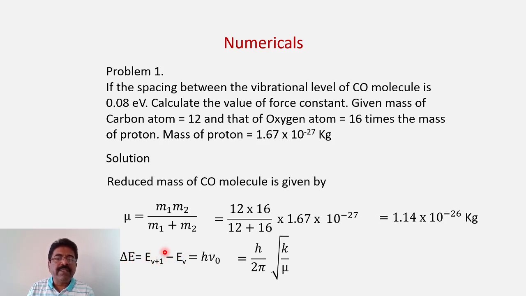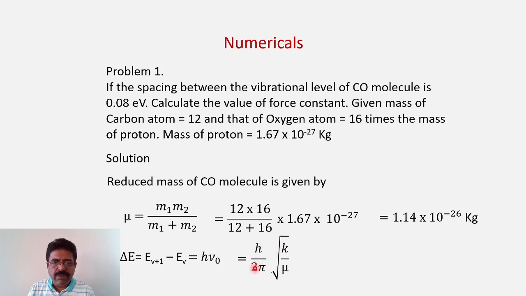For example, E with vibrational quantum number v plus 1 minus E v. These are the two adjacent vibrational levels. So the difference in energy, delta E, is equal to h nu 0, and nu 0 is the classical frequency of vibration of this carbon monoxide molecule. And that is given by nu 0 equals 1 upon 2 pi under root of K upon mu.